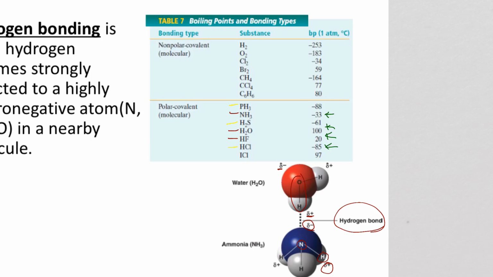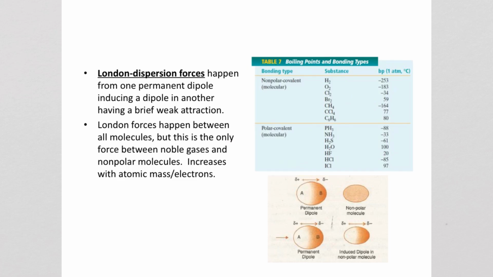All the ones in yellow are polar. As you can see, their values are generally much, much higher than the ones that are nonpolar. But the ones in red, hydrogen bonding, that makes a huge difference in attractive forces. So this is a very specific type of dipole-dipole force.